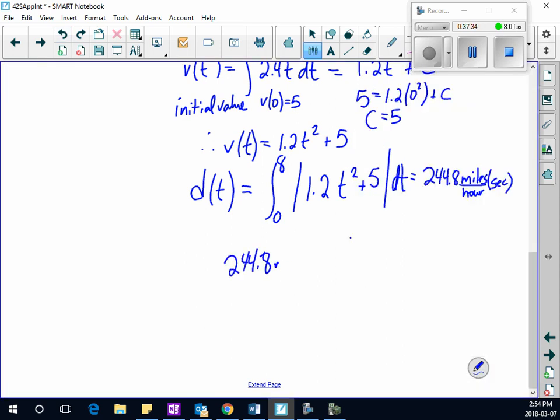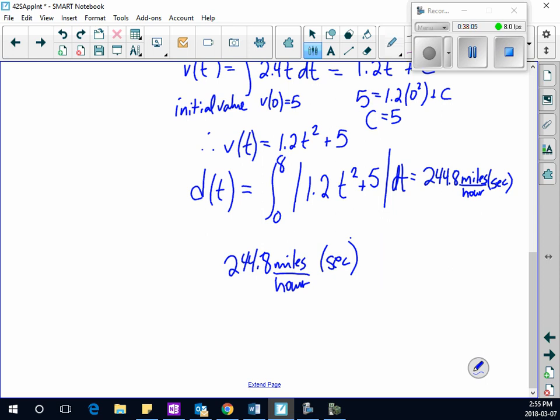244.8 miles per hour, and then I have it multiplied by seconds, and now I got to change hours and seconds. So remember, I hope you did in science somewhere unit analysis where they all cancel, and what you are left with is miles on top. So we need to get rid of hours and seconds. Does anybody know how many seconds are in an hour? 3,600, yeah.